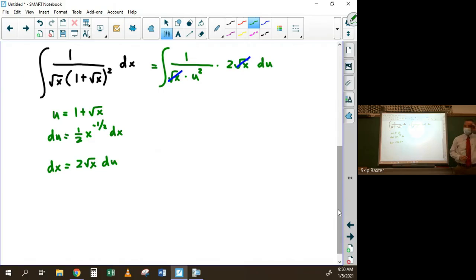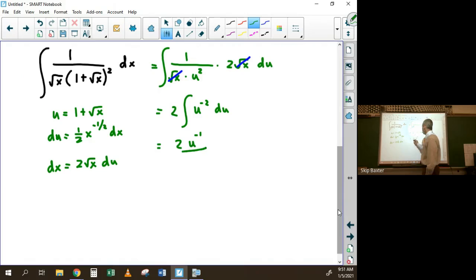And the x's cancel. So this is really 2 times the integral of u to the negative 2 du, which is 2u to the negative 1 over negative 1 plus c. So the answer is negative 2 over u, negative 2 over 1 plus radical x plus c.